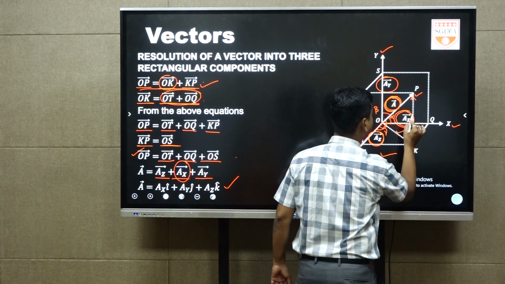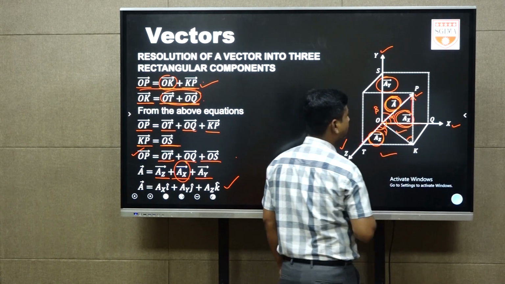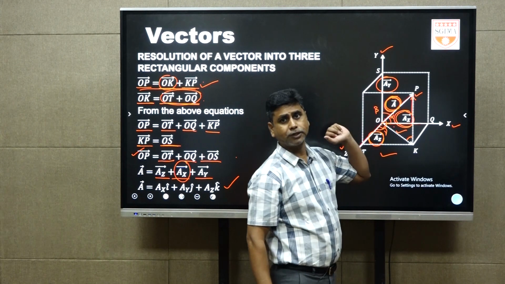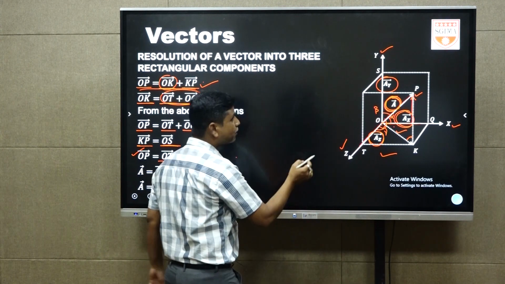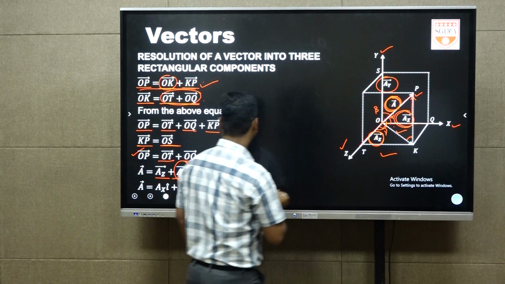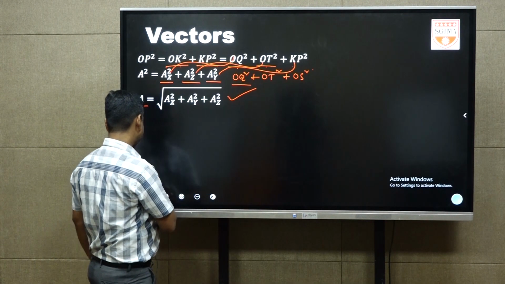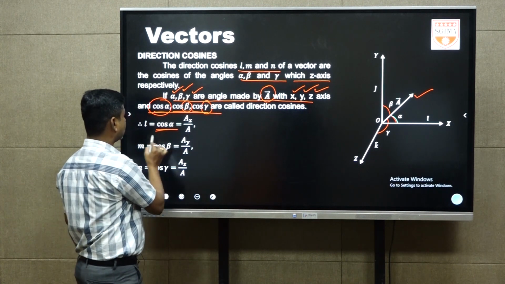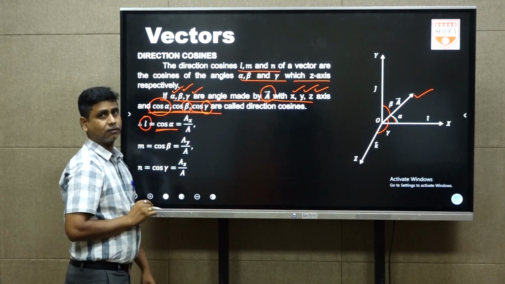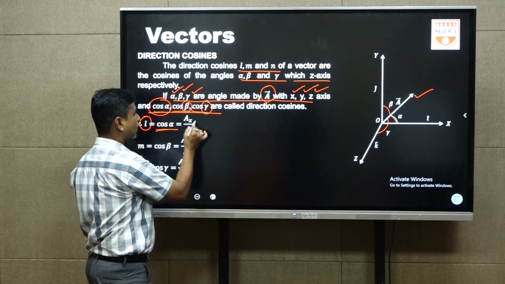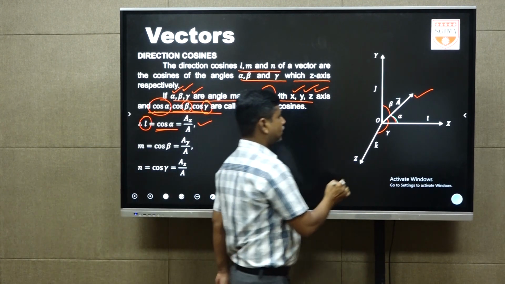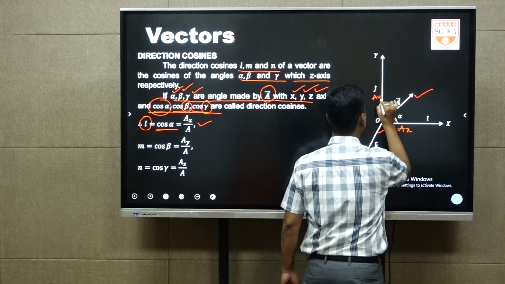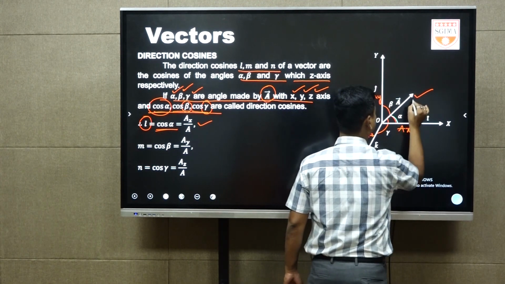From the right angle triangle, cos alpha equals adjacent upon hypotenuse, which means AX upon A. Here cos alpha is one of the directional cosines, L. L equals cos alpha equals AX by A. It means in the direction AX, in the direction AY, in the direction AZ.